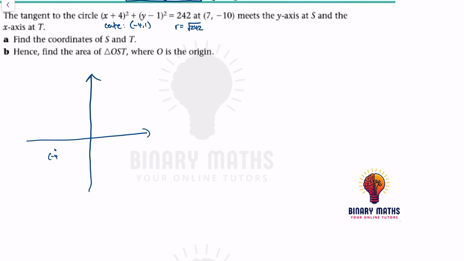Okay, this is my circle center. This is my radius of, it's a rough sketch, don't worry about accuracy, square root of 242. And it meets at 7, minus 10, let's say somewhere here.